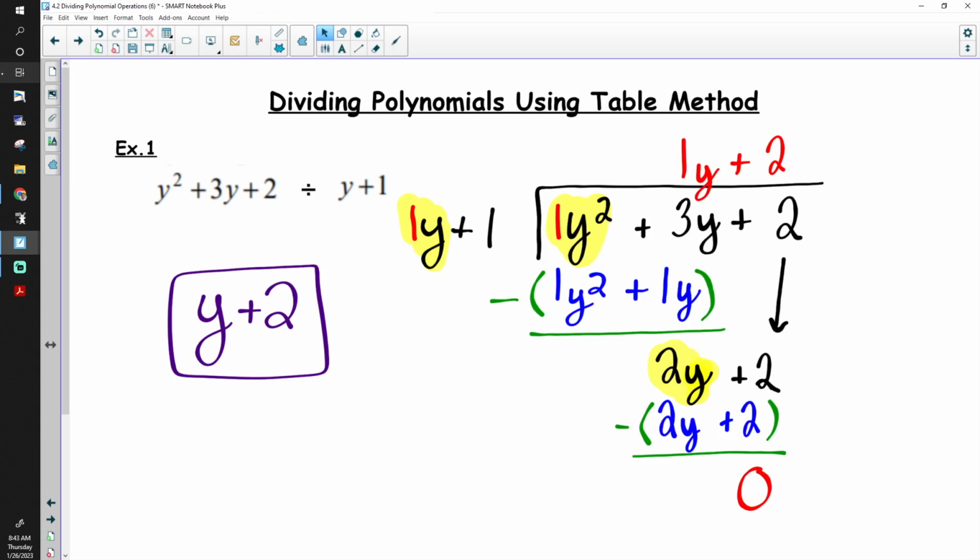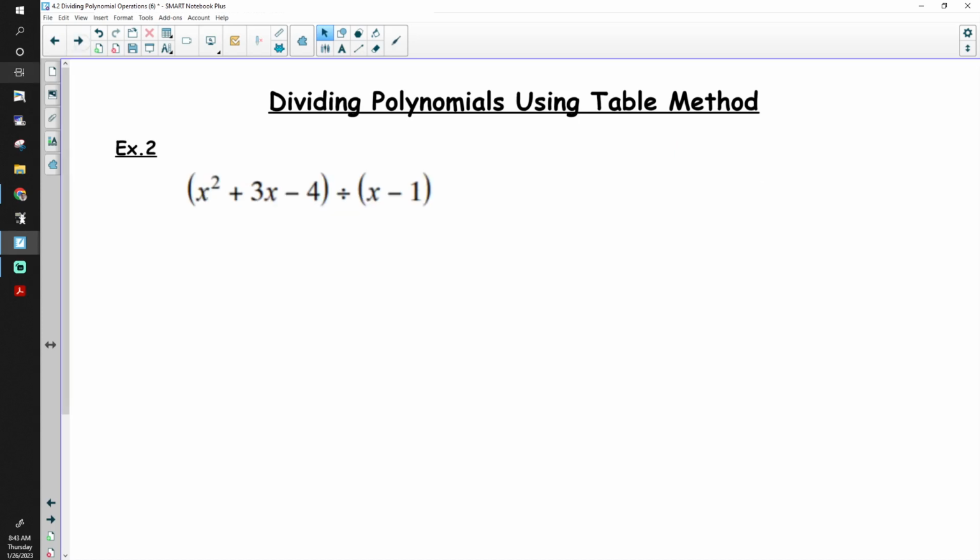If you did the box method with y plus 2 and y plus 1, guess what you'd end up with? Y squared plus 3y plus 2. Okay? Because they're opposite operations. Just like 12 divided by 2 is 6, right? And you could check by doing 6 times 2 brings you back to 12. You can do the same thing.